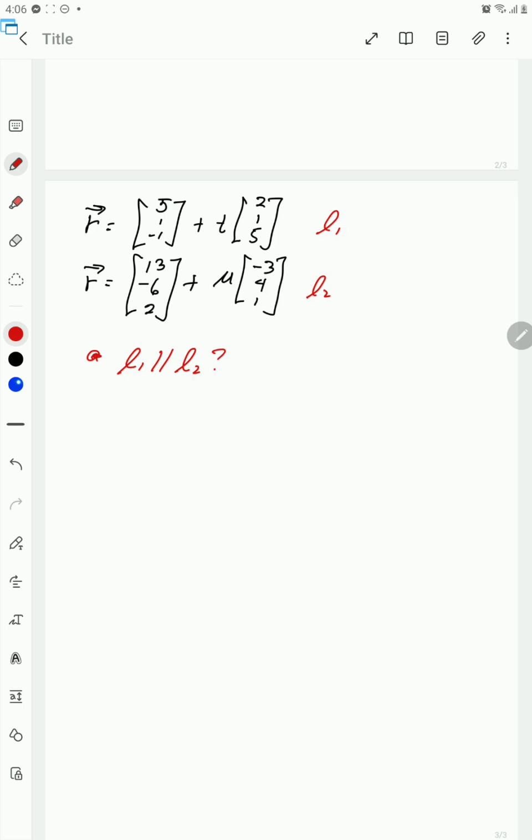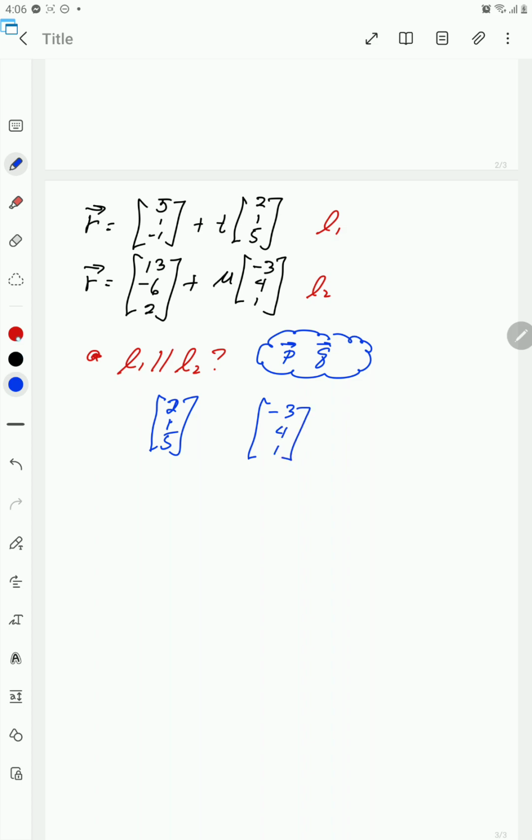How should we know? In your mind, you check the directions. The direction of line 1 is (2, 1, 5). The direction of line 2 is (-3, 4, 1).